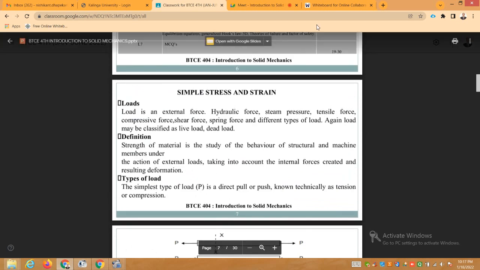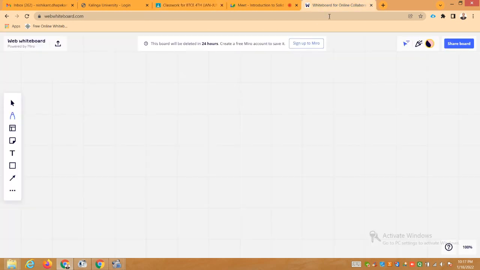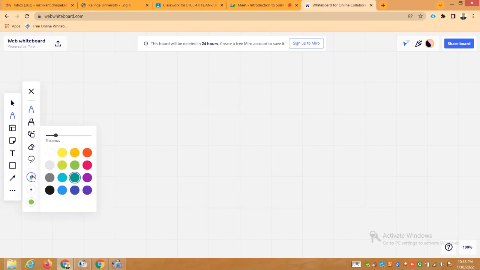So, stresses. Let us start with stress. I am abbreviating it by rho, and stress is equal to load per unit area.